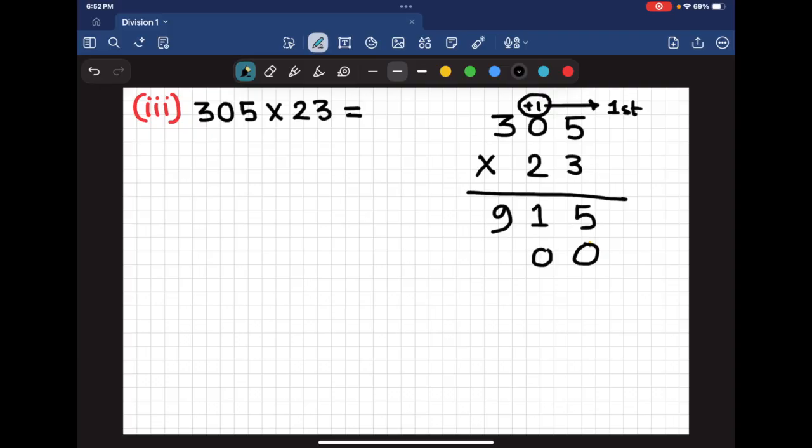We have a 1 on top of it, so we can write a plus 1 in the top. And this is for the second one, so we can write over here second. Okay, so 2 times 0 is 0, plus 1 is 1, and 2 times 3 is 6.